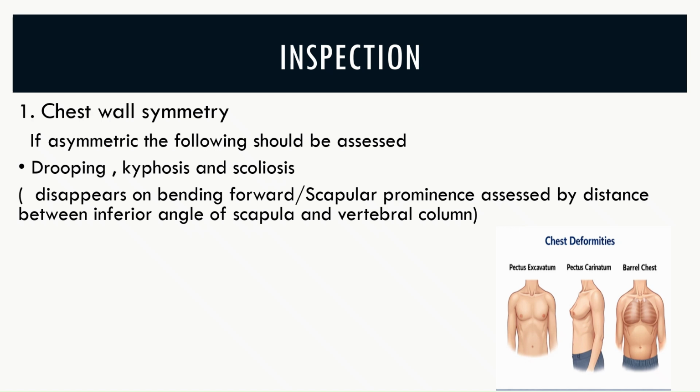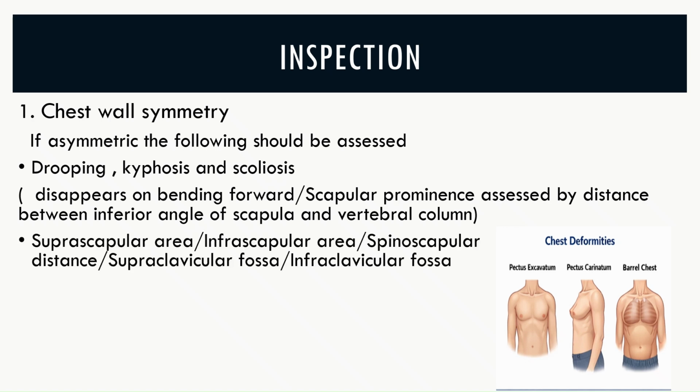Scoliosis typically disappears when patient bends forward. Scapular prominence should be assessed by measuring distance between inferior angle of scapula and vertebral column. Suprascapular area, infrascapular area, spinoscapular area, supraclavicular fossa and infraclavicular fossa should be inspected carefully for any asymmetry.